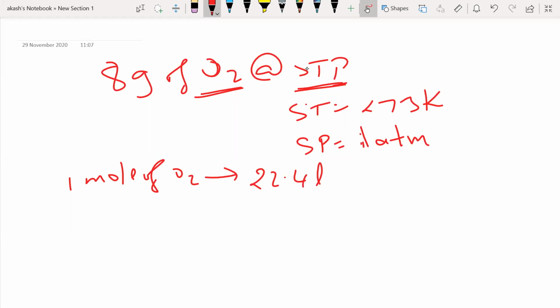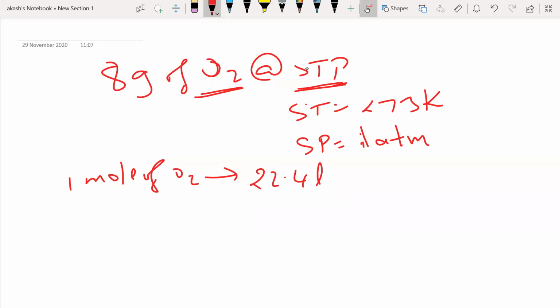Hope you remember, guys. I think some lights are getting turned on, right? So 1 mole of any gas at STP, not only O2, any gas for that matter, will occupy a volume of 22.4 liters. Now there is a formula which connects your volume with number of moles, or you can even do it by logic.